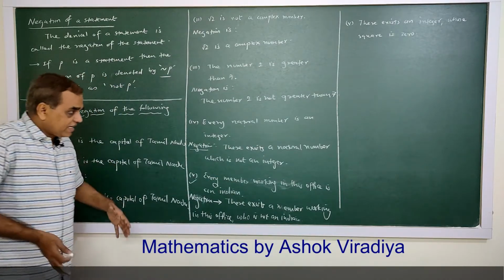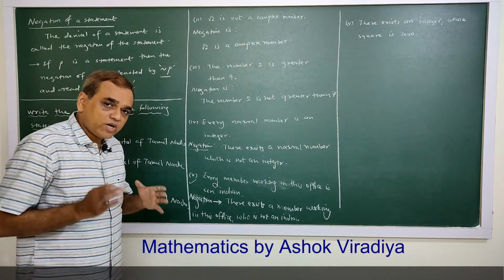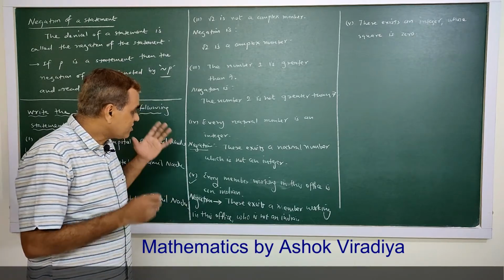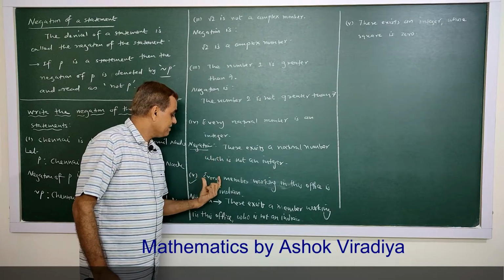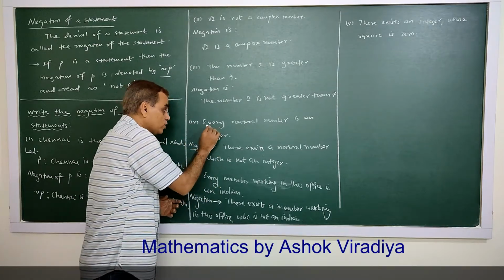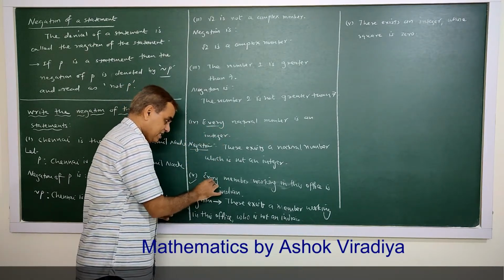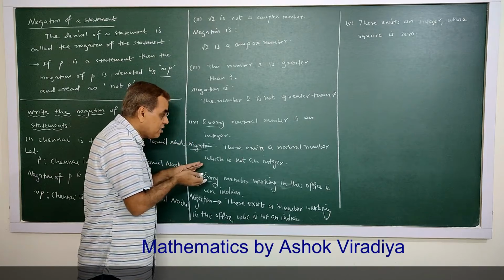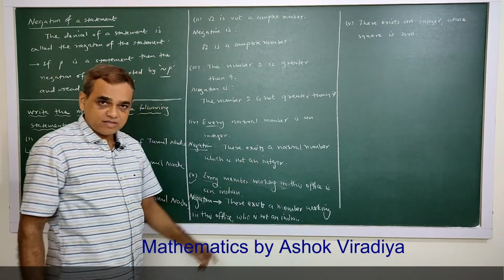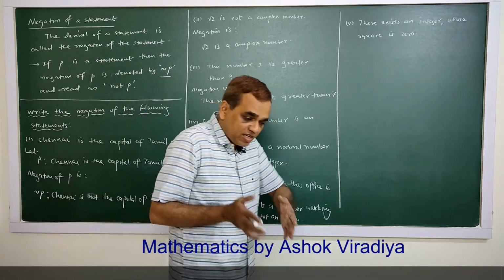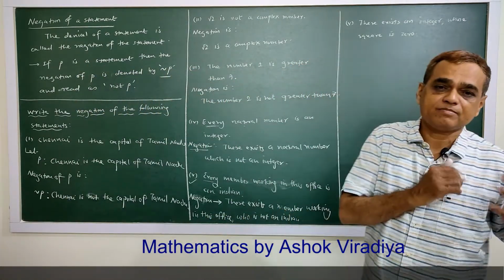So this is how to write the denial of statements involving the word every. If a statement includes the word every, then for its denial we use the words there exists. So the denial of every starts with there exists.